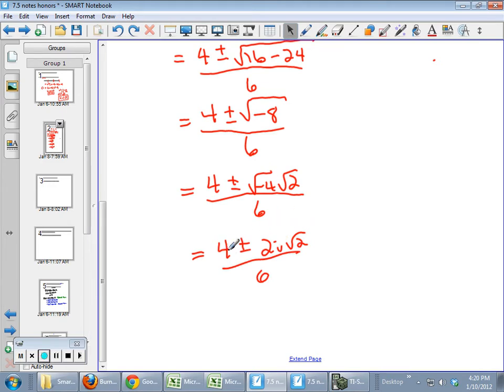And then 4, 2, and 6, these are all divisible by 2. So we can simplify this just a little bit more. It's 2 plus or minus i square root 2 all over 3.